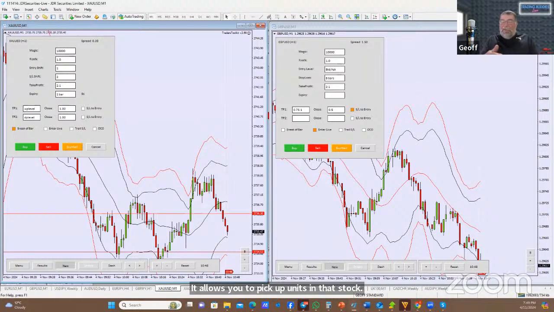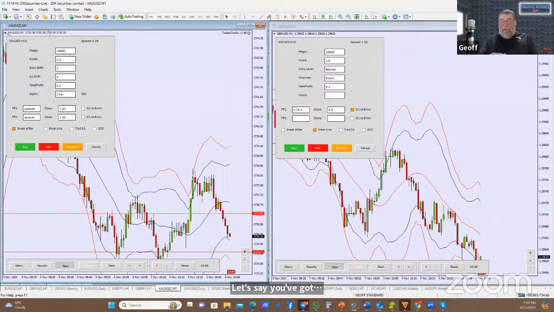It becomes a little bit complicated. Let's say you've got a $10,000 investment in that stock. You can split that into three, if you like. So 3,300, 3,300, depending on how you bought them.